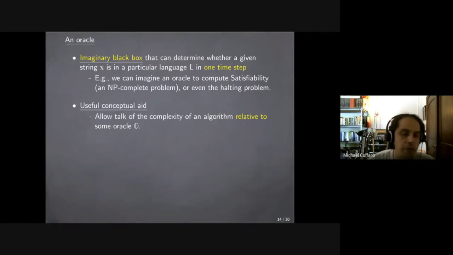And so if you think that the implementational details of determining what a function yields on a given input are not that important, then we can just abstract away from those inner details and talk about the behavior of the algorithm abstracted away from the implementational details of that particular thing. So it's useful conceptually, and then you can compare different algorithms with respect to one another, relativized to an oracle.